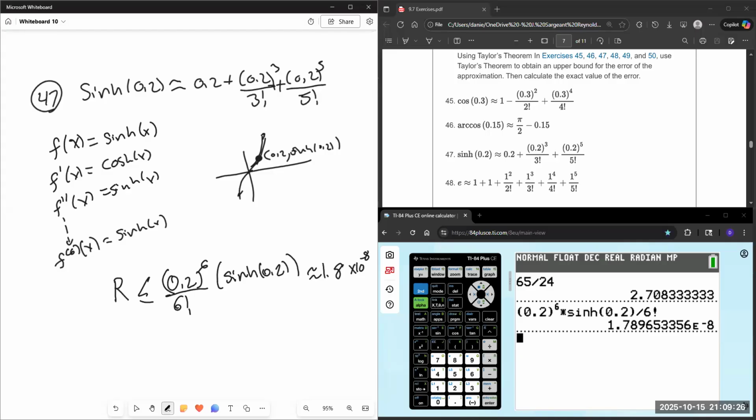My exact error is going to be the absolute value of sinh 0.2 minus 0.2 plus 0.2 cubed over 6 plus 0.2 to the 5th over 120.